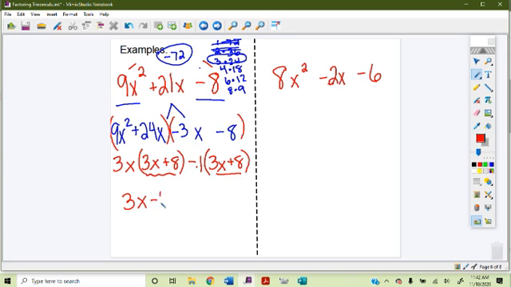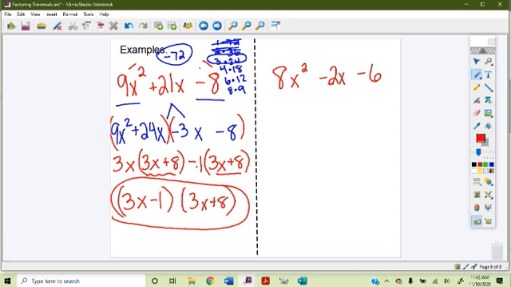And I have 3x minus 1 and 3x plus 8. So if you're ever in a situation where your signs need to be flip-flopped, take a negative number out instead of a positive number, and that will flip-flop them for you. And that is the factored form. Again, you can check it in Desmos by making sure the graphs look exactly the same.